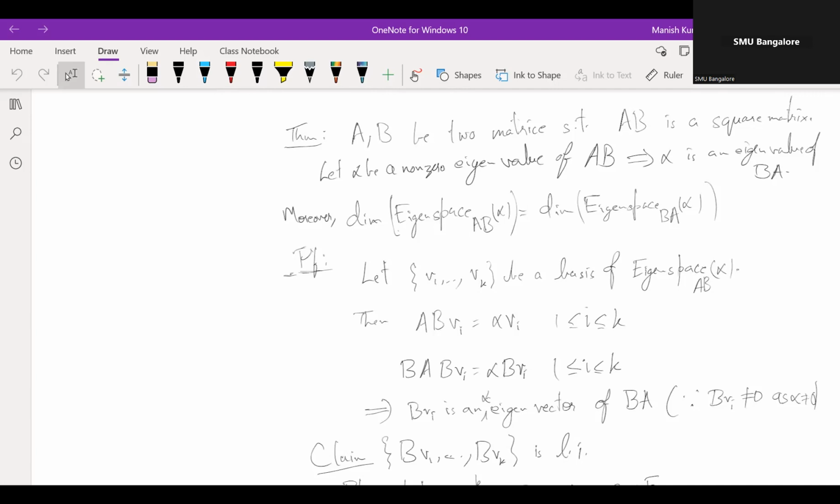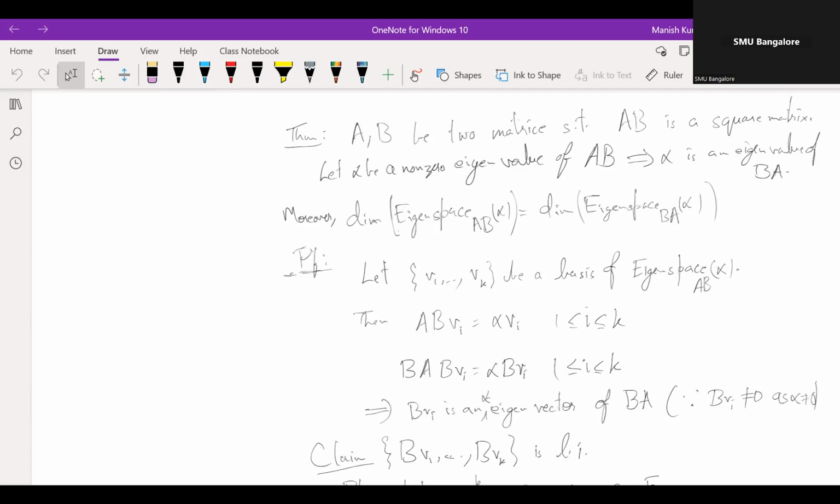If BVi is zero, yeah, then what does that mean? Then look at the first equation. That means A times BVi is zero, which means alpha Vi is zero, but Vi is a non-zero vector, so alpha must be zero.